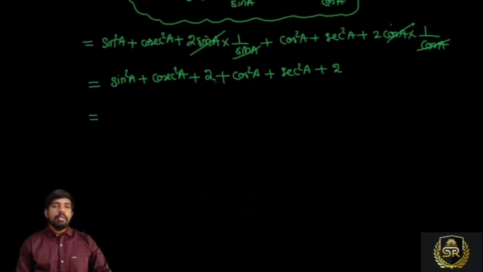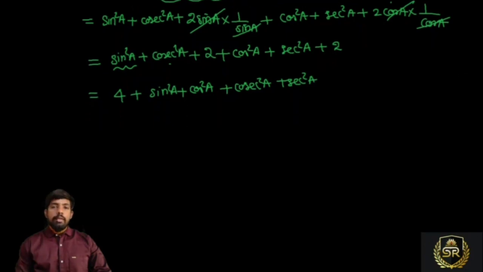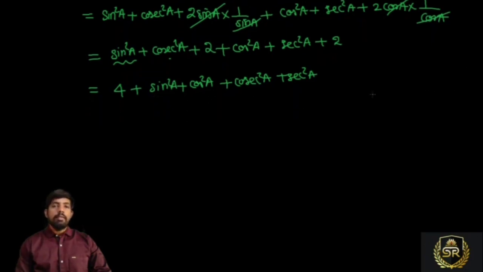So we can write it as 2 plus 2, 4, plus sin square a plus cos square a plus cosecant square a plus secant square a. Now here we know identity 1: sin square theta plus cos square theta is always equal to 1.